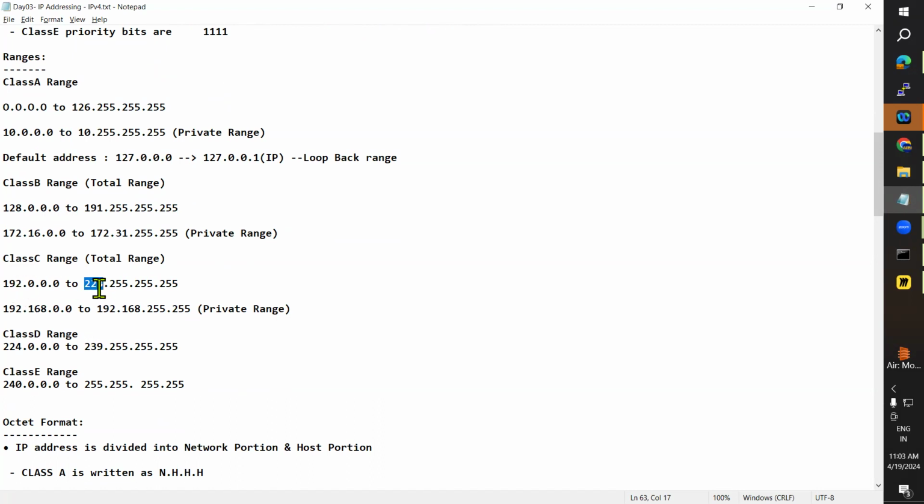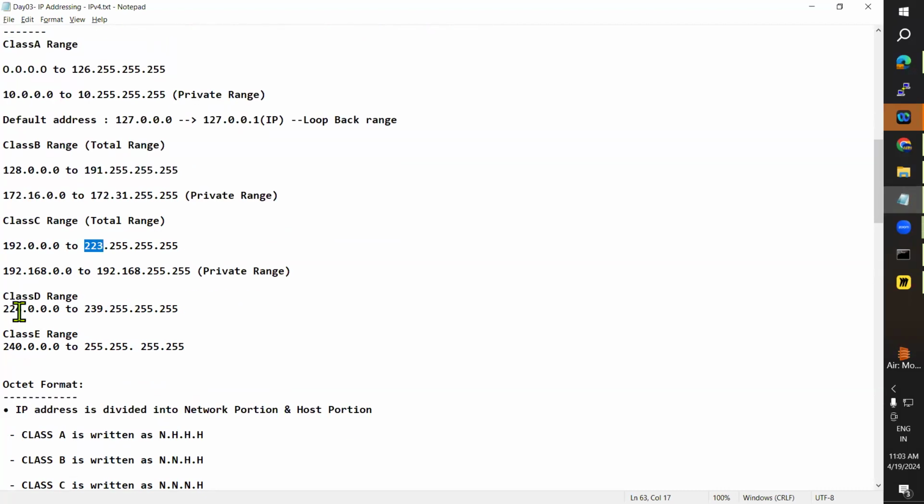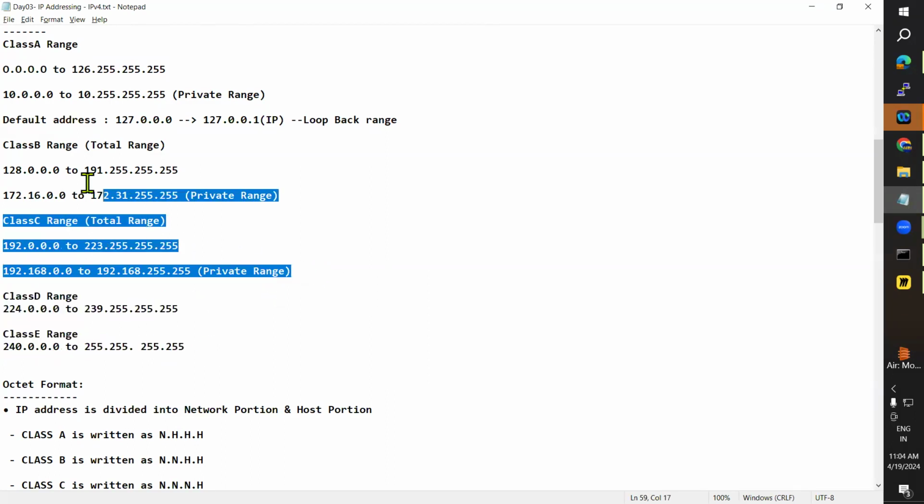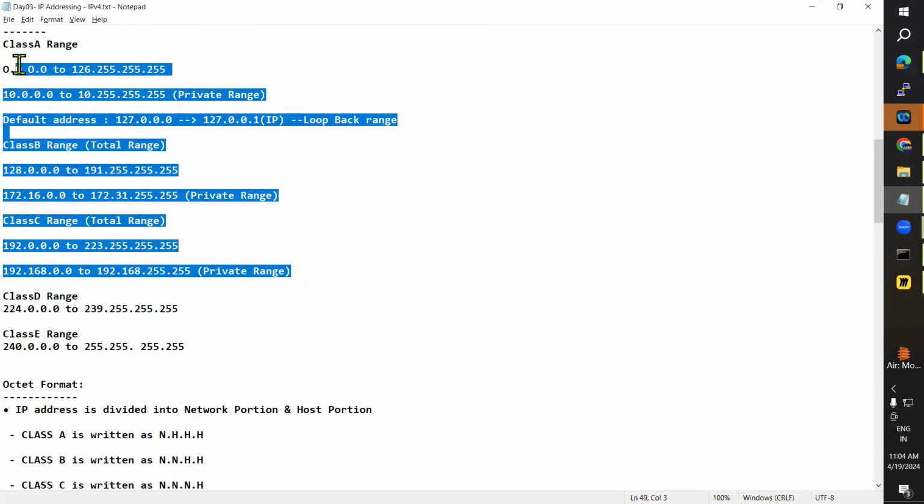Class D range is 224 to 239. And class E range is 240 to 255. This is class E range. Okay, anyway, you leave class D and class E. Concentrate on class A, B, C.